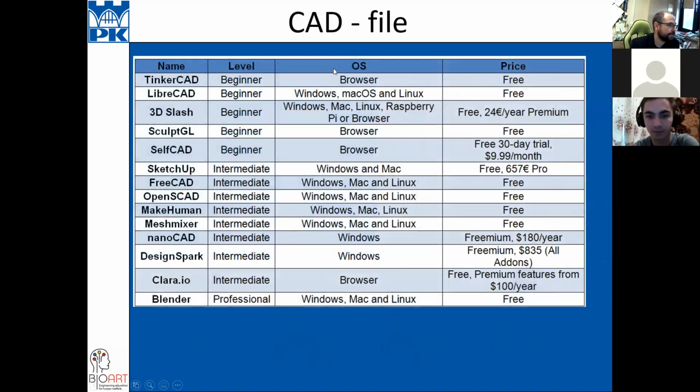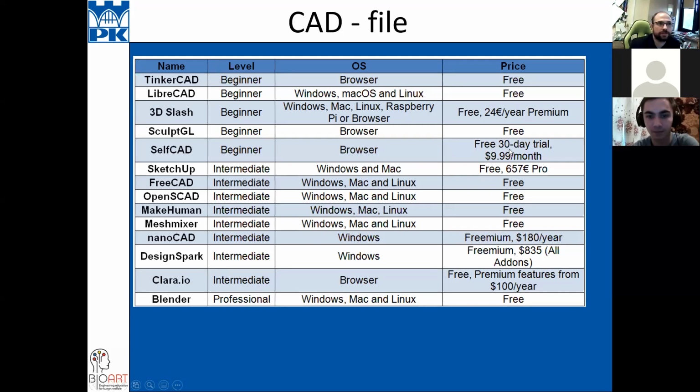Okay, here you have some samples, some programs that you can use to make some CAD files, and you can see here you have prices. A lot of these kinds of programs are free, but for example, I use Inventor.